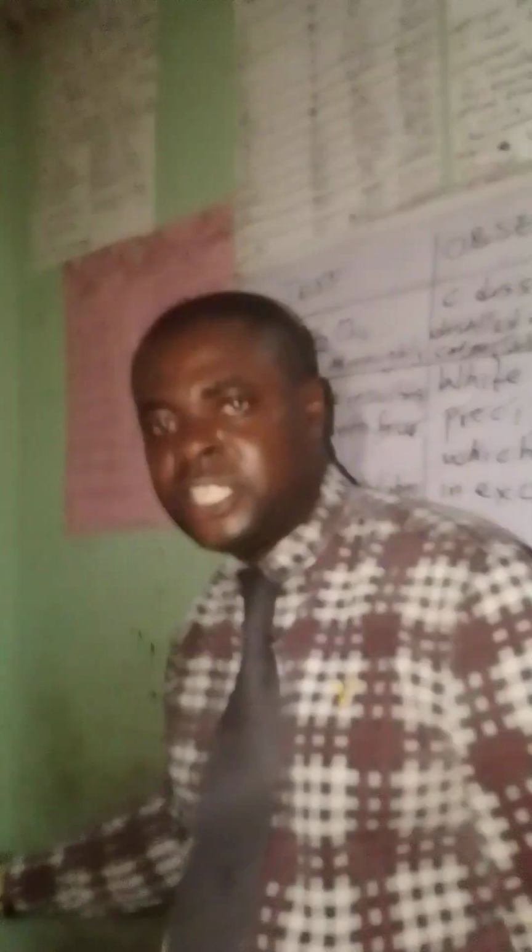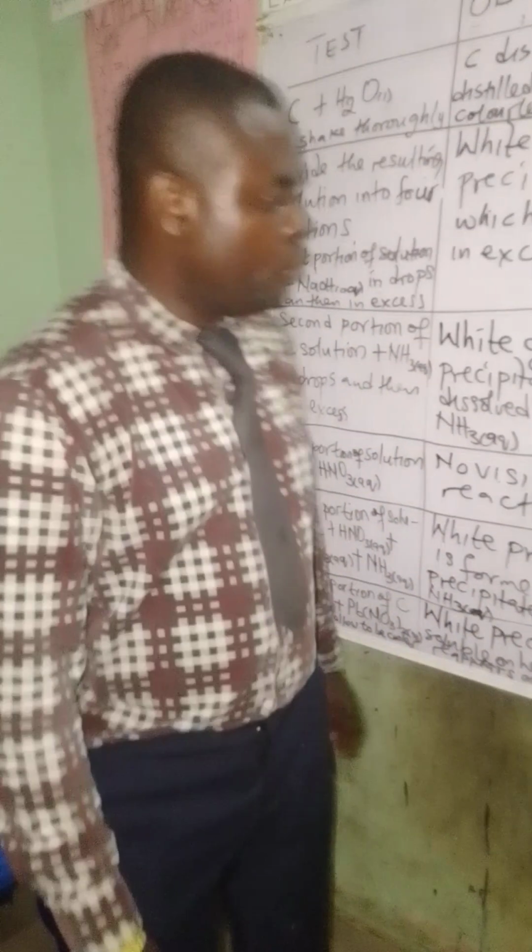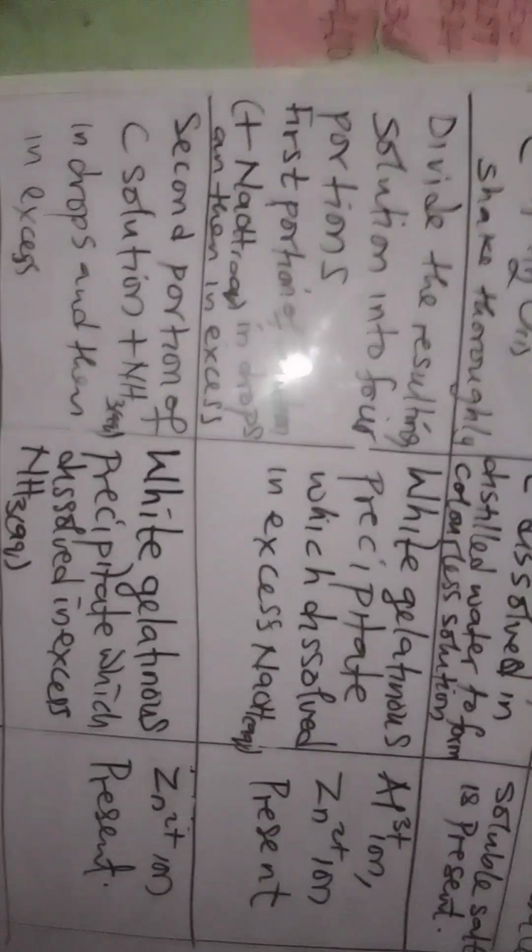So that is what is expected of us. With what we have done here, I believe I've been able to prove to you how these likely questions will come. After you have done this, you don't just stop.